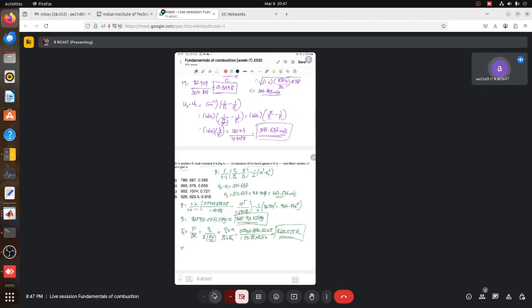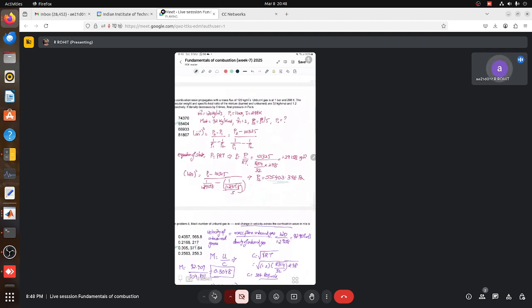Now Mach number, you know it is nothing but U by C, and you got U2, which is nothing but 464.546, by C, which is nothing but square root of gamma R T, that is 1.2 into 8314 by the molecular weight for burnt gas.